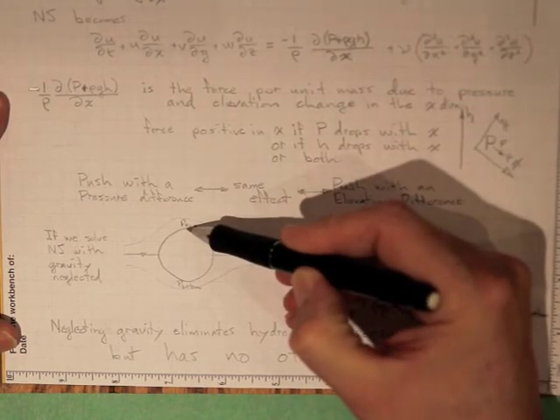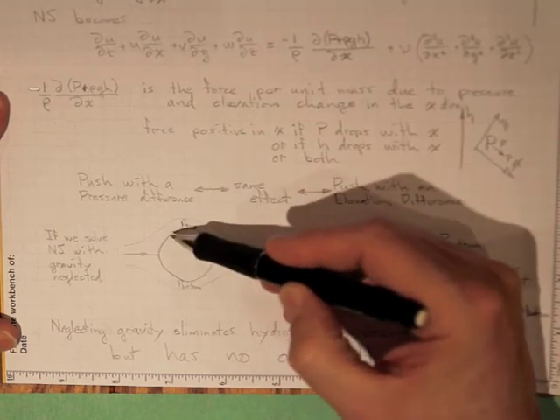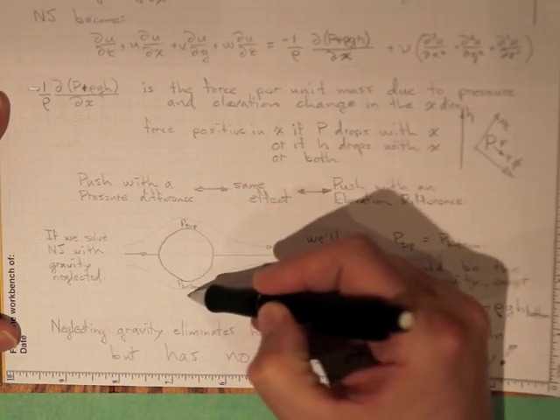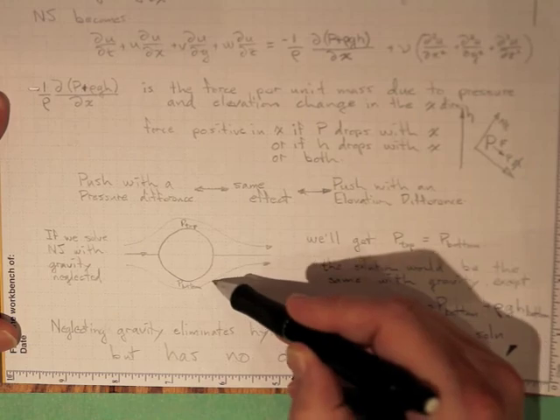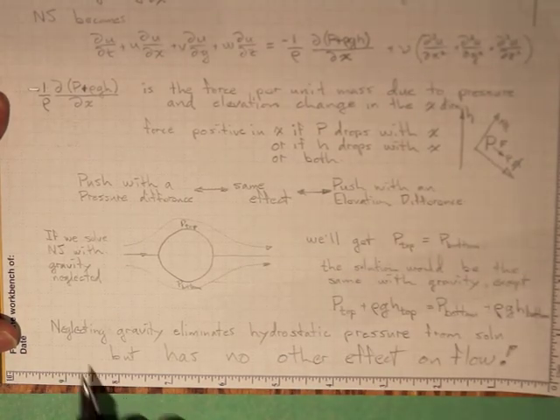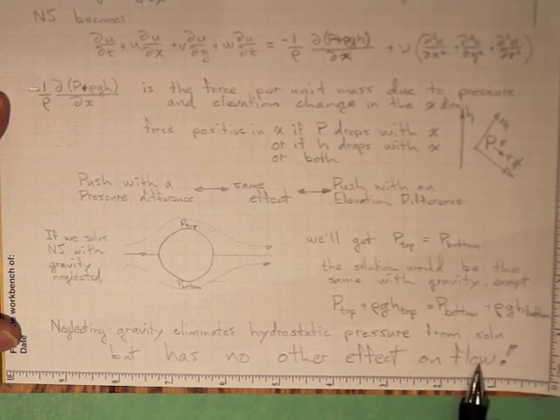If we were at a higher elevation here and a lower elevation there through a continuous fluid and nothing was moving, the pressure on the bottom would be higher than the pressure on the top by the difference in height and the density of the fluid. So we won't see the hydrostatic pressure if we ignore gravity, but the rest of the flow doesn't change at all, and that makes our lives simpler.